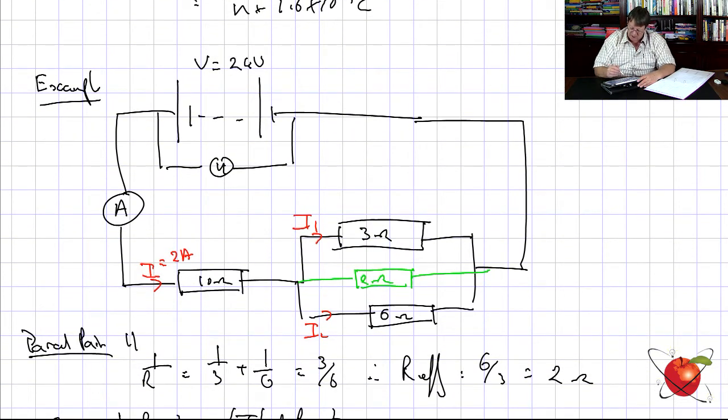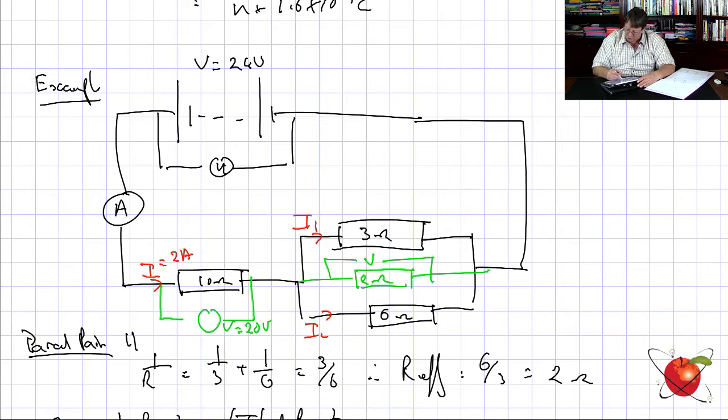Here, do I know what the voltage is there? Yes. I first have to go to this one, and say, hang on, the voltage over here is going to be equal to I times R. So V over here is going to be 2 times 10, which is 20 volts. Then I can ask, what is my voltage here?